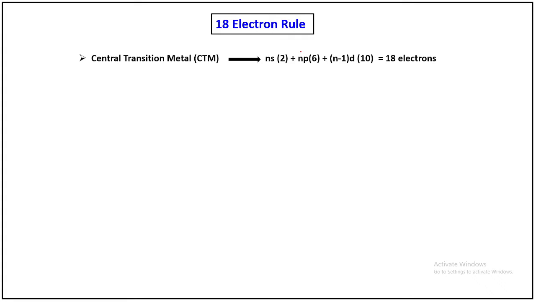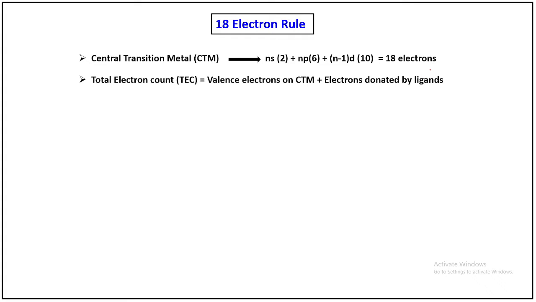So in s orbital, we know maximum 2 electrons it can carry, and p orbital it can carry 6 electrons, and in d orbital it can carry 10 electrons. Totally 2 plus 6 plus 10, that equals 18 electrons. So if any metal atom fulfills this criteria having 18 electrons, that is considered to be stable, and if any metal compound does not have 18 electrons, that is considered to be reactive.